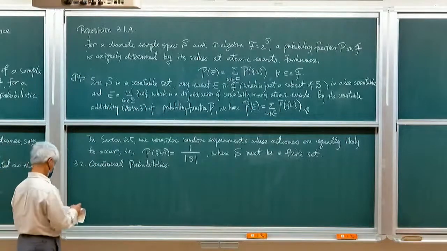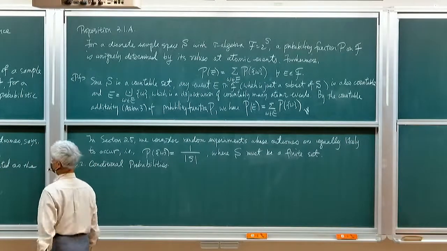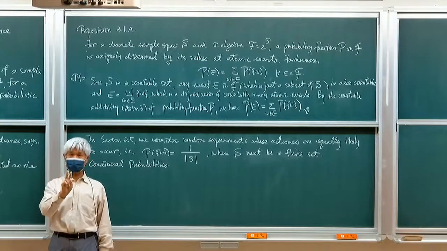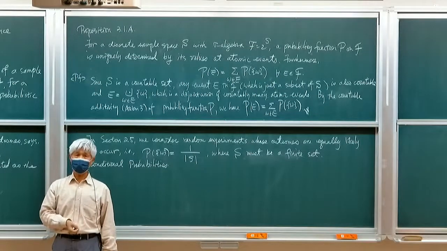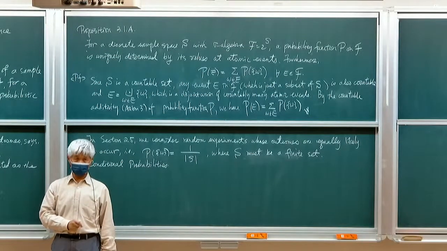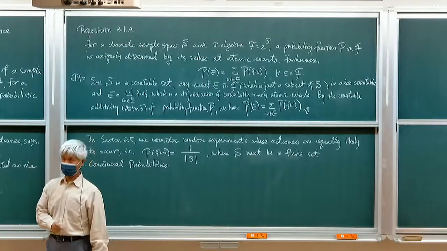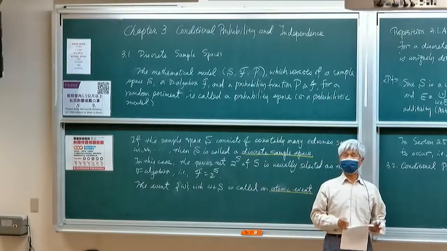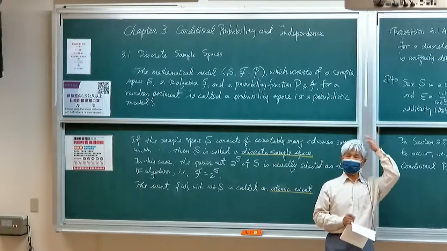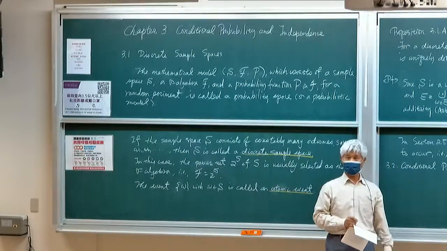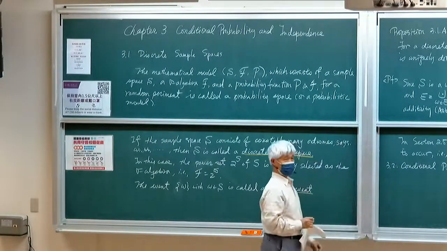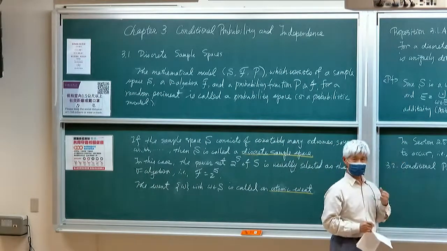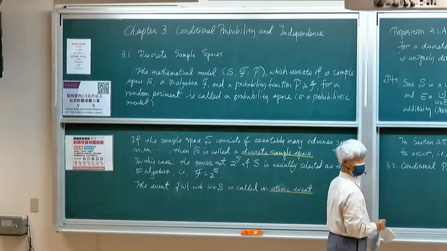Conditional probabilities and independence, these two basic concepts are very fundamental in the theory of probability, and they are quite distinct from other branches of mathematics like linear algebra, differential equations, a lot of things. So I would like you to grasp the basic principles of these two concepts.